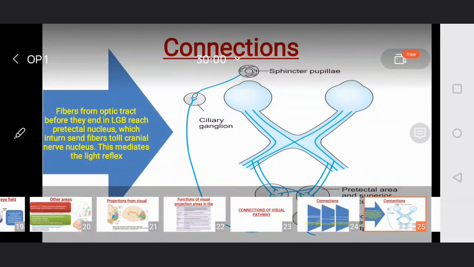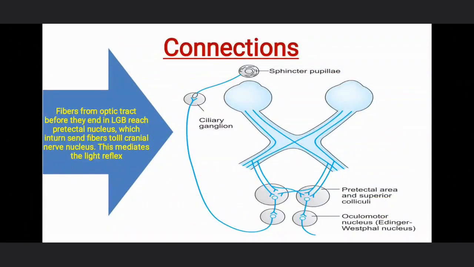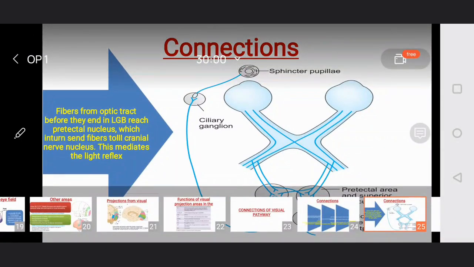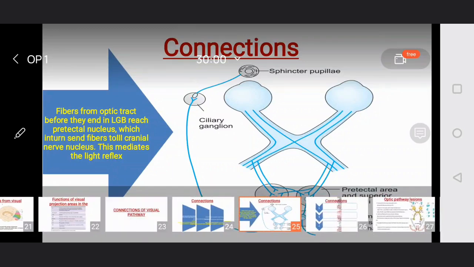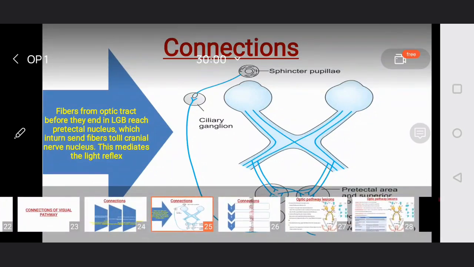And some of the connections from the optic chiasma go to the suprachiasmatic nucleus of the hypothalamus and the limbic system.